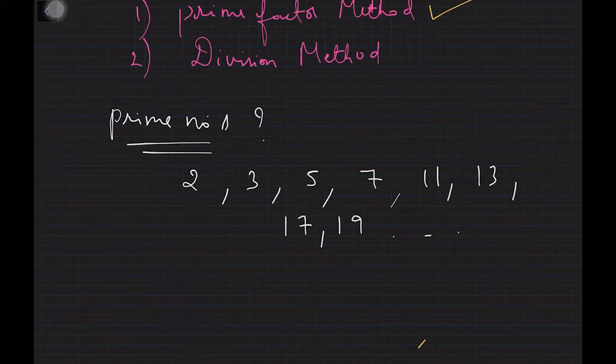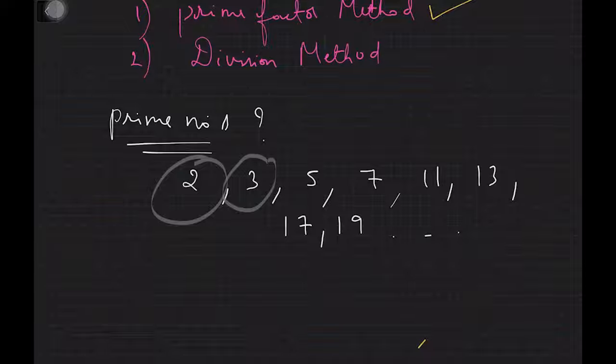The reason is, 2 is divisible by only 1 and the number 2 itself. 3 is divisible by only 1 and the number 3 itself. No other number apart from 1 and 3 divides the number 3. And 5 is divisible by 1, 5 is divisible by 5, but apart from 1 and 5, no other number divides 5. Therefore 5 is a prime number.